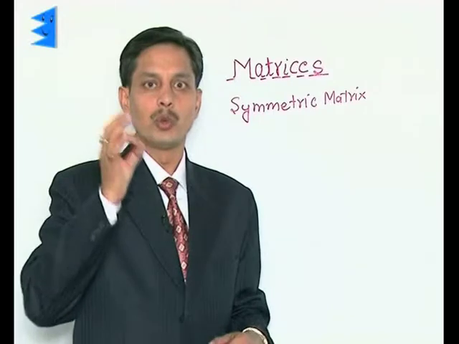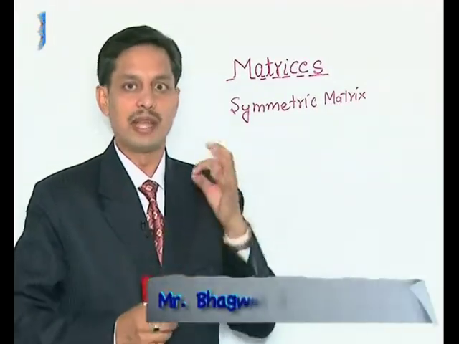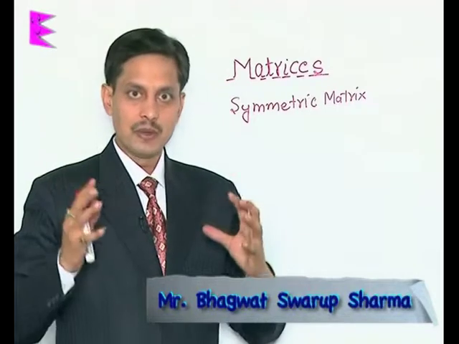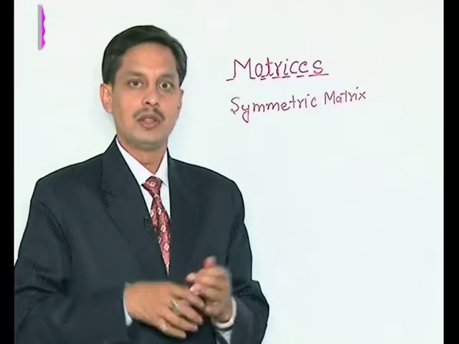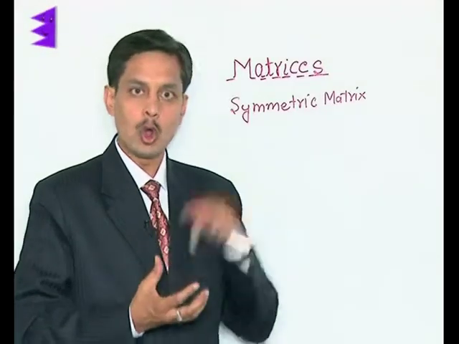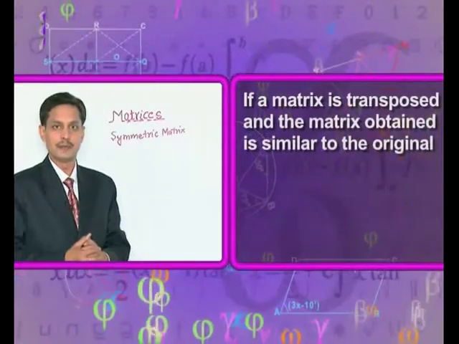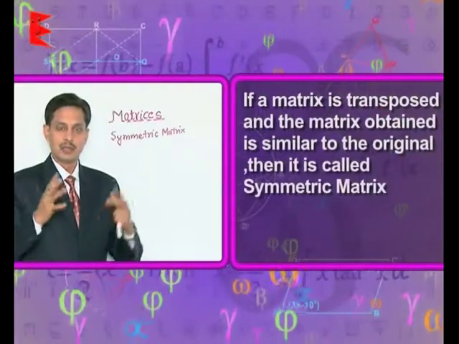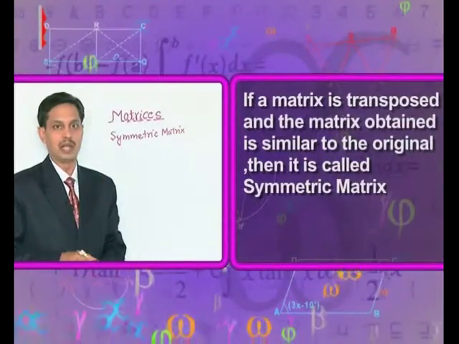Now I would like to explain to you what is the meaning of a symmetric matrix. If a matrix is transposed and the transposed matrix so obtained is the same as the original, then the matrix is known as a symmetric matrix.